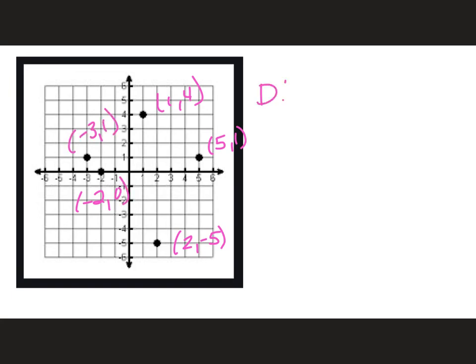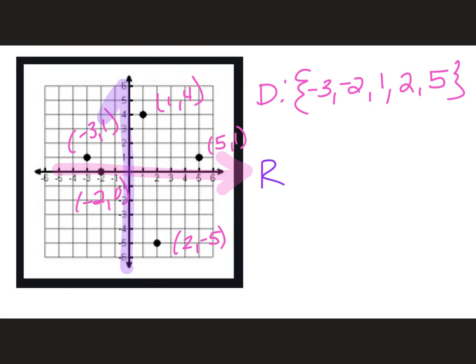So my domain, remember from left to right for our domain, is going to be -3, -2, 1, 2, and 5. Our range is bottom up. So for our range, the least value we have is -5, 0, 1 appears twice, so we'd only have to write it once, and then 4.